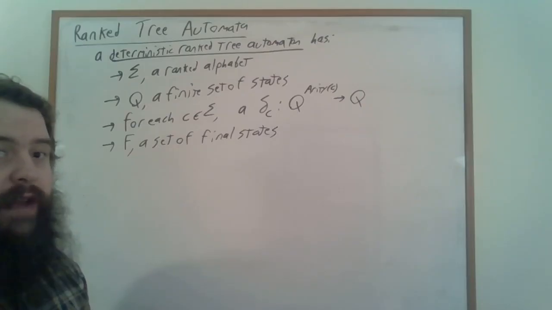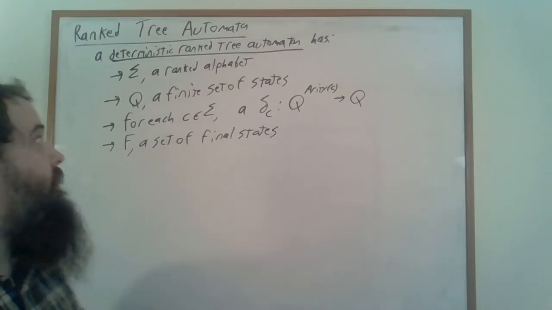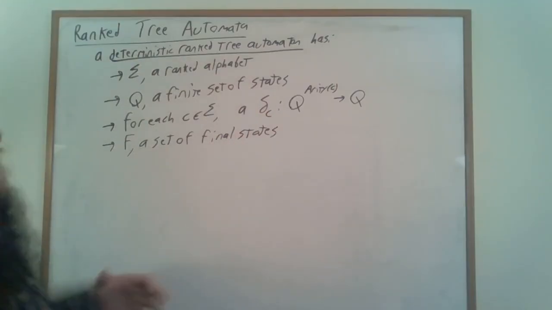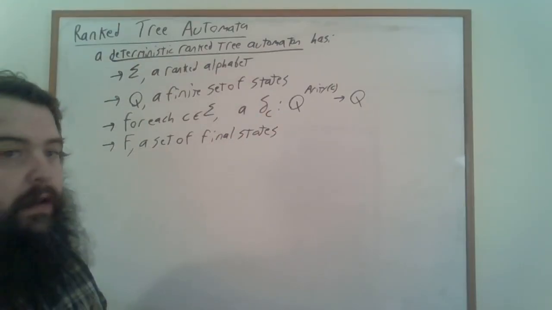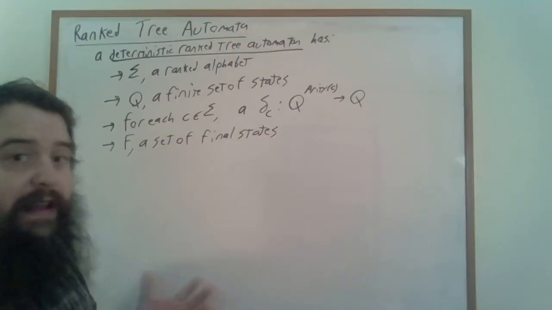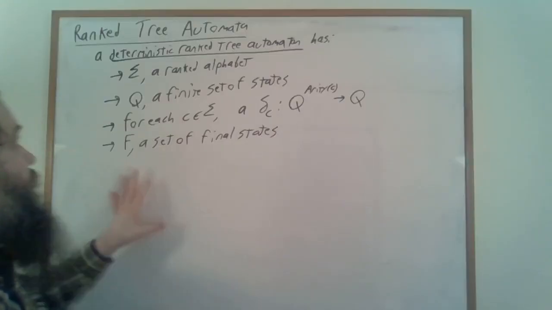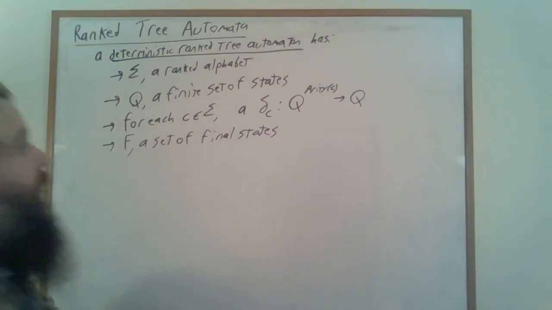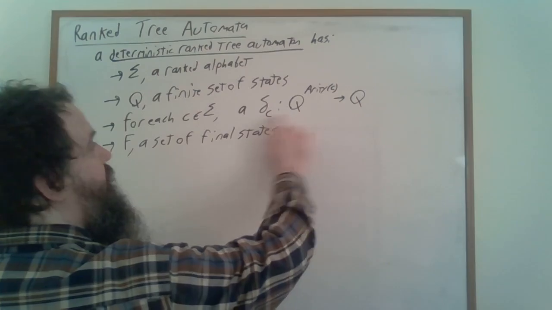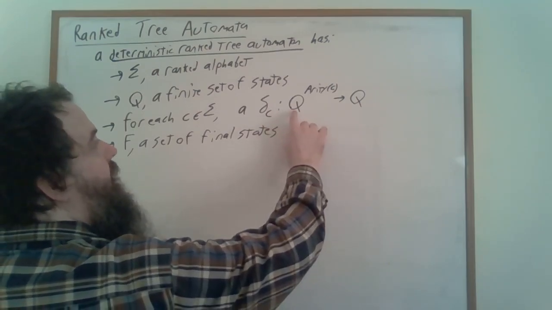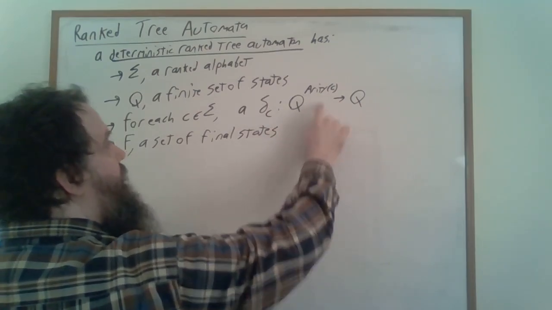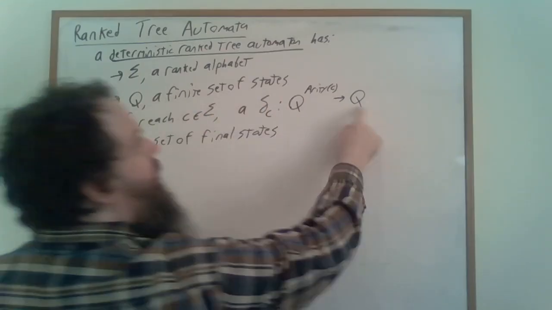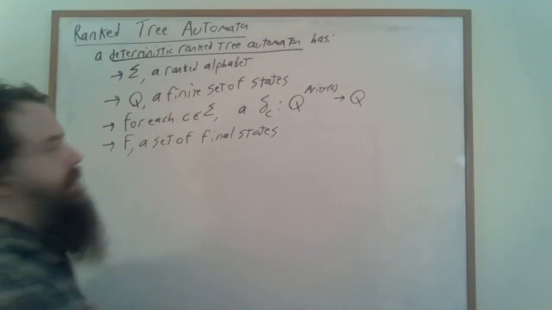I want to draw your attention to an important subtlety here, which is that this structure can be specified by a finite specification, right? We only need some sort of finite data structure in order to store these things. And that's because there's only finitely many functions that take in the arity of C inputs from Q, a finite set, and output some element of that finite set.